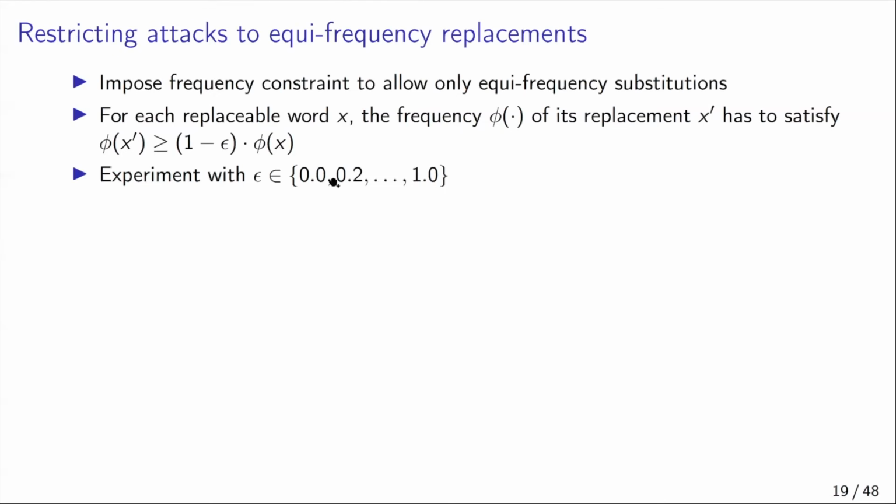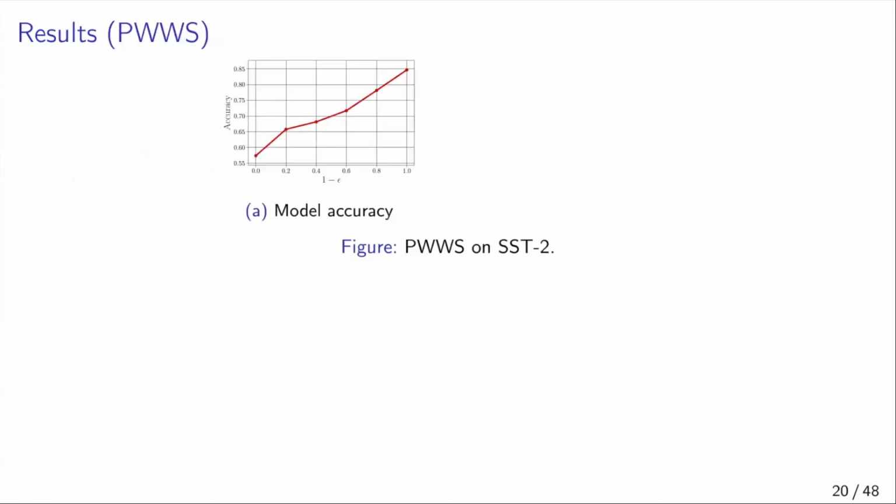We did this with different configurations of epsilon, and then we plotted the after-attack accuracy, which is indicative of the degree of success of the adversarial attack on those sequences. So if we do this for PWWS on SST2, we can see the following here. We have on the y-axis the model accuracy on the perturbed sequences, and on the x-axis we have the value for 1 minus epsilon.